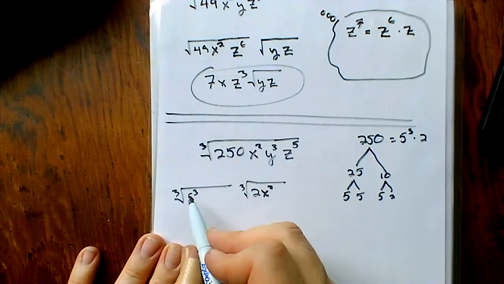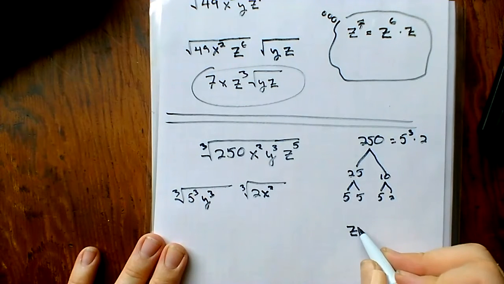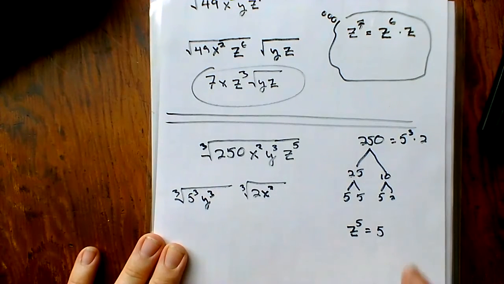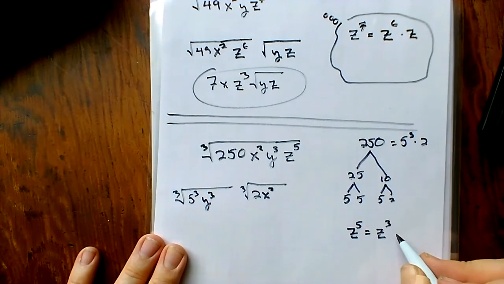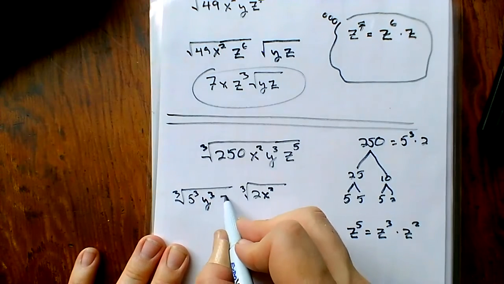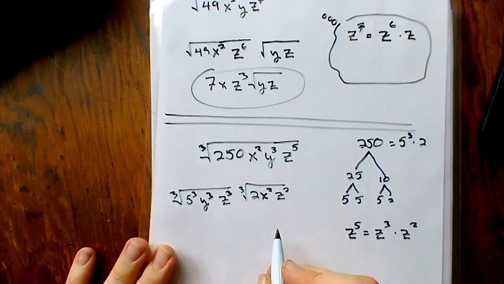Y cubed, that's the same power as my index. So y cubed. Then z to the 5th, my perfect power here is going to be just a cube, and then I'll have a remaining power of 2. So this is going to be z cubed, and I'll have that z squared here.